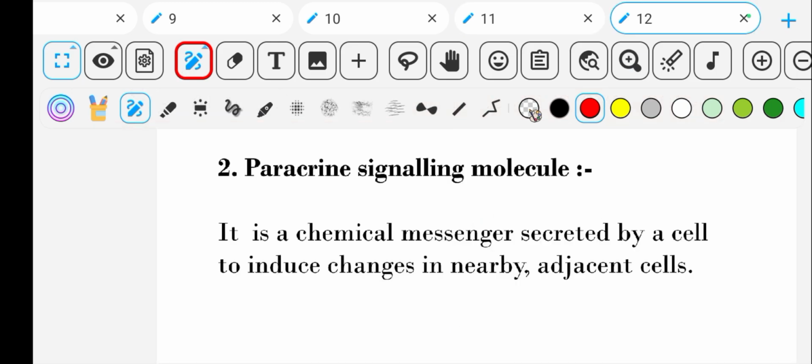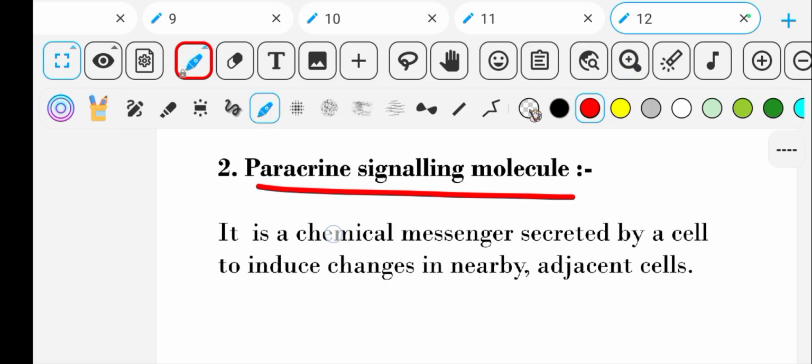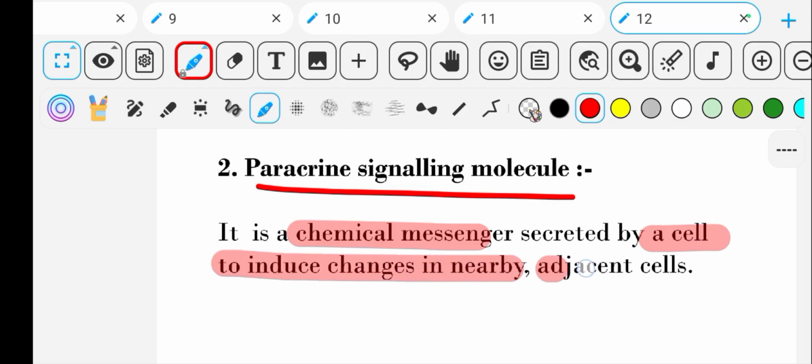Then moving forward to the second, which is paracrine signaling. It is a chemical messenger secreted by a cell to induce changes in nearby or adjacent cells, meaning it localizes its response, in the same organ of the body but a different cell of the same organ.